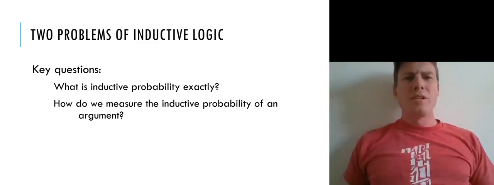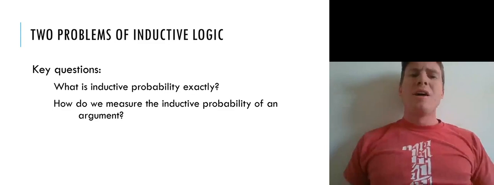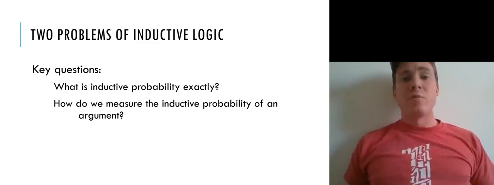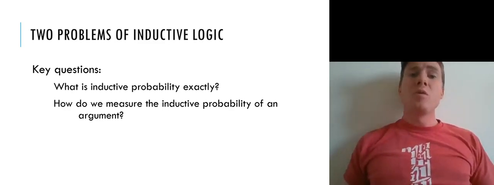The reason we need to make that more precise, even though we have an intuitive understanding of it, is that we're going to need a more precise definition if we want to answer the question of how we measure the inductive probability of an argument, which is what we ultimately want to do. Just like we wanted to assess whether arguments were valid or invalid, we also want a means of assessing or measuring the inductive probability of an argument.